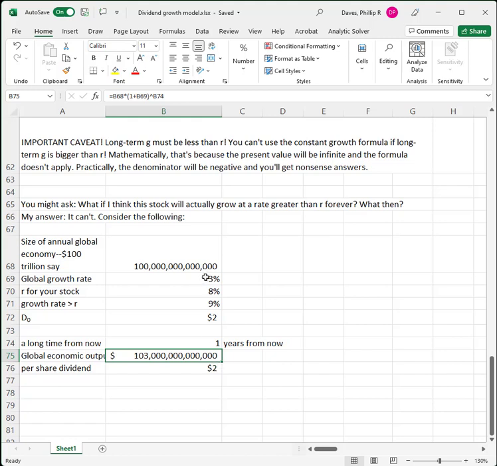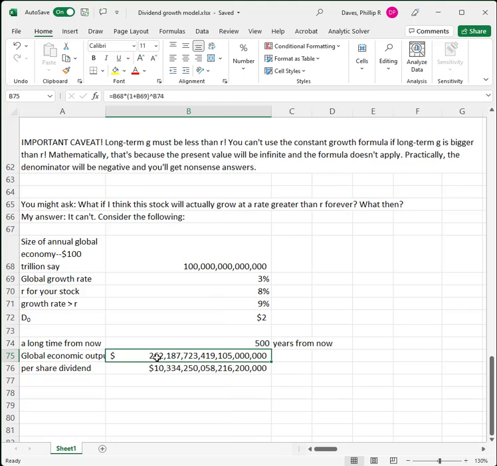That's no big deal. Well, let's look a couple years later. Suppose we look at 50 years from now. Our global economy is $400 trillion, and we're looking at a per share dividend of $1.49. Okay, that's no big deal either. Let's suppose we pick an even bigger number. Let's pick 500 years. If we pick 500 years, then we have a global economy of 262 sextillion.